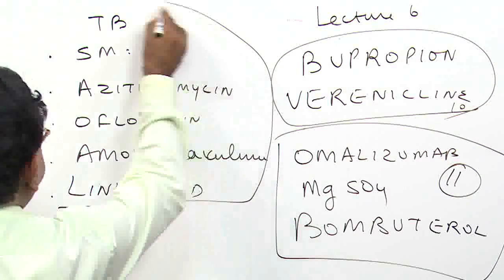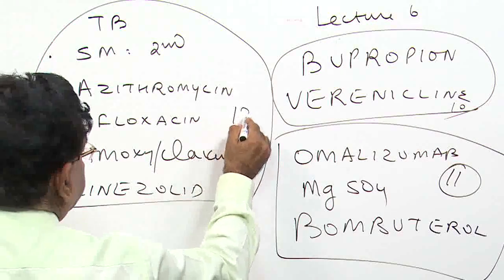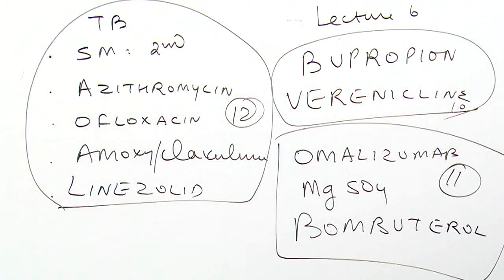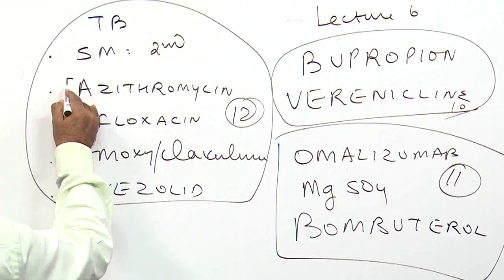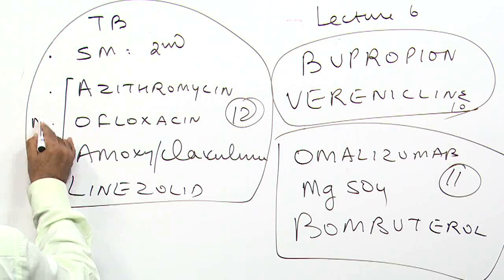Make a box 12. So streptomycin is a second line drug, and these are the new anti-tubercular drugs.